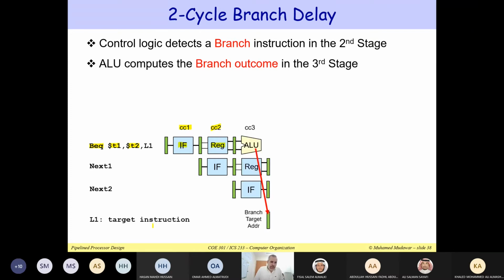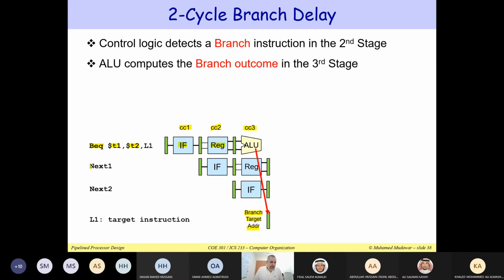That will be done in the third stage of the pipeline. So the ALU during clock cycle number 3 is going to execute the branch, and do a subtraction. If they are equal, then the branch will be taken, so we change the PC to the branch target address.